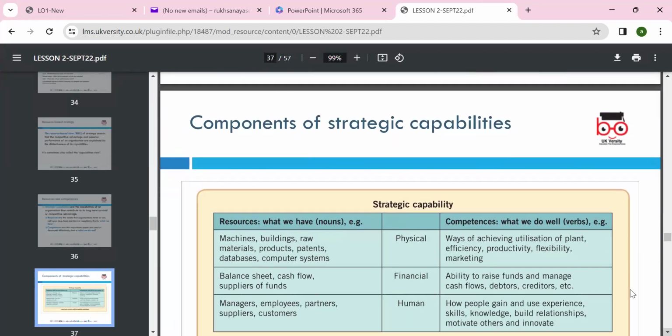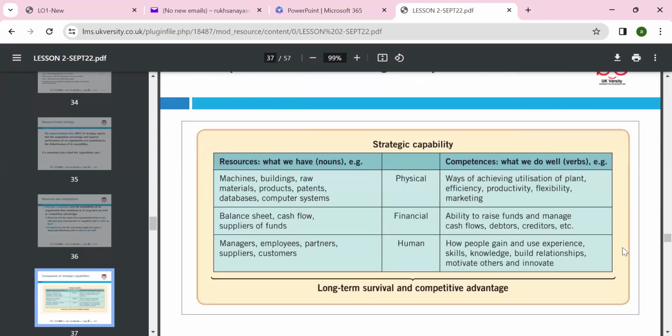So for the components of capabilities, we can look at physical, financial, and human resources. Like we have machines and buildings, but we need to find how effectively we can use them for more productivity. In the balance sheet we have in finance, we can look at the assets we have, but what ability we have to generate cash.